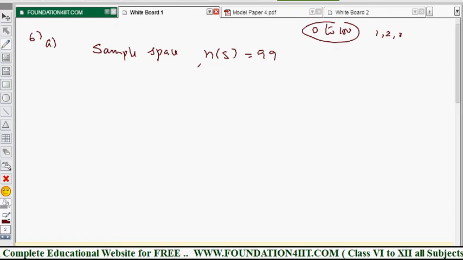That means only 1, 2, 3 and so on till 99. So this is the sample space.